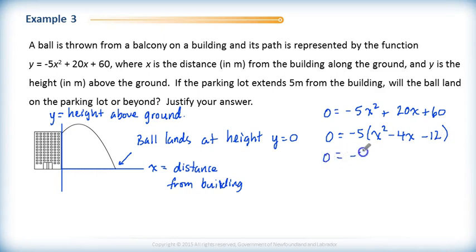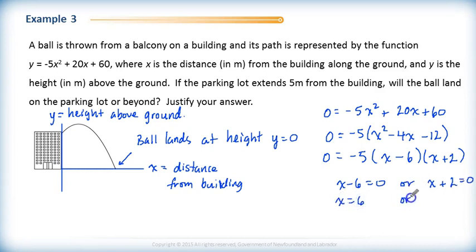So we have 0 equals negative 5 outside of x minus 6, x plus 2. Remembering that x times x gives us x squared, negative 6 times 2 is negative 12, negative 6x and positive 2x will give us the negative 4x for the middle. Now we set each factor equal to 0. So we've got x equals 6 or x equals negative 2.